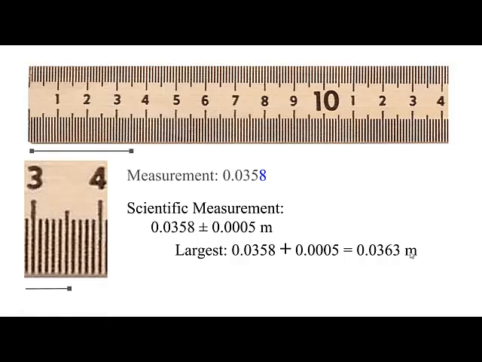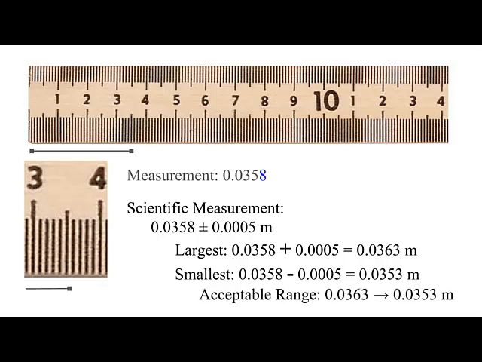But then if I subtracted my uncertainty, I'd see that my smallest value is 0.0353 meters. And therefore, I get this acceptable range running from 0.0365 all the way down to 0.0353 meters. Those are all acceptable values according to the scientific way of measuring, and you have what we call an uncertainty box.